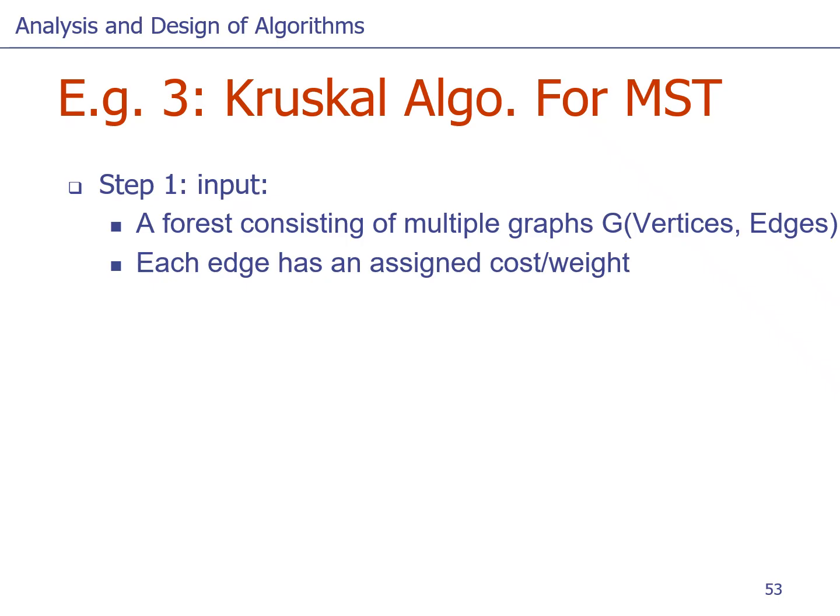The edge cost or weight could be the distance between two vertices if your graph is representing a map. So you would have a vertex for Cairo and a vertex for Alexandria, and the edge will be labeled, say, 220 kilometers, or 220 basically, for the distance between Cairo and Alexandria.